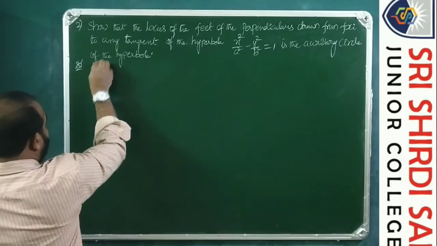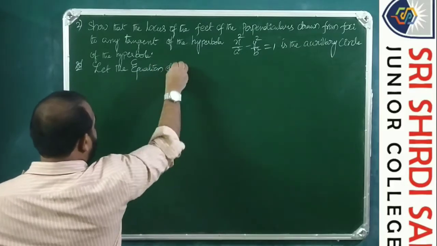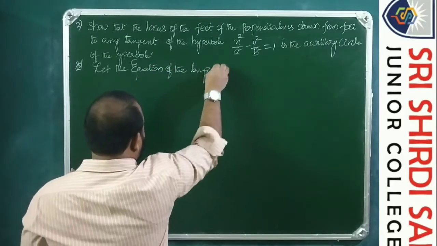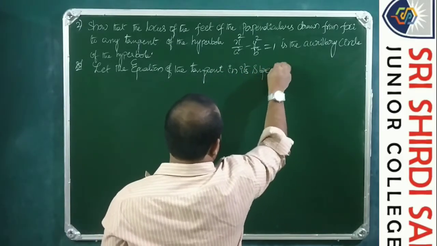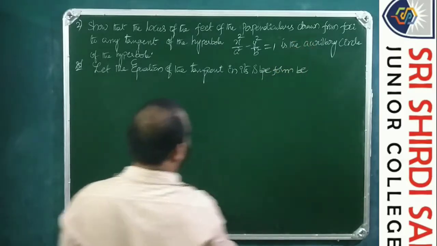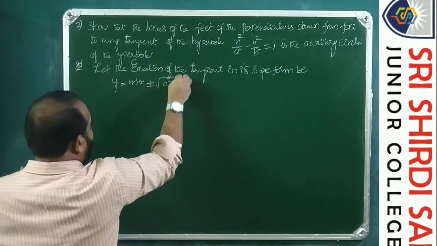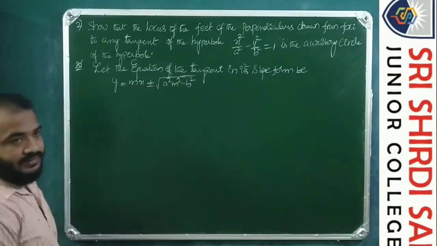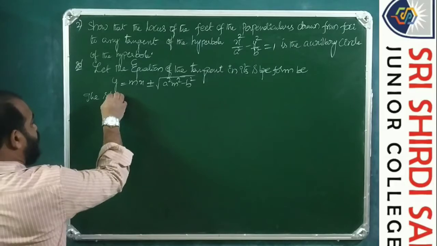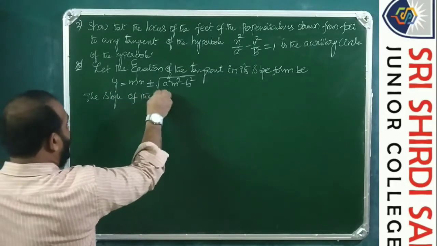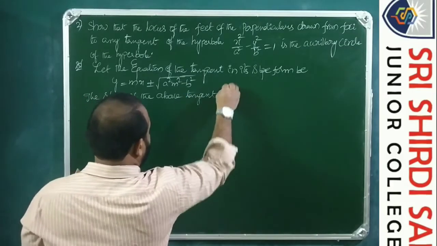Let the equation of the tangent in its slope form be y equals m x plus or minus square root of a square m square minus b square. So the slope of the above tangent is m.